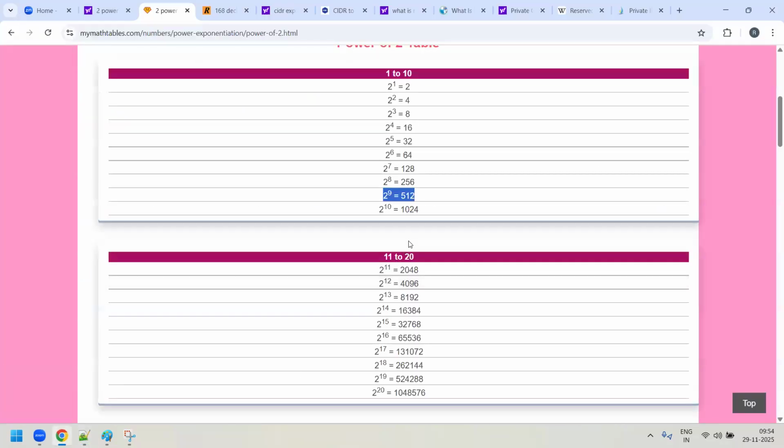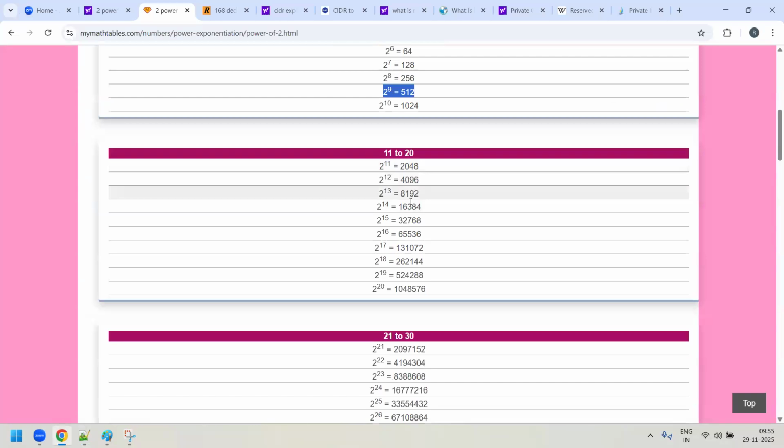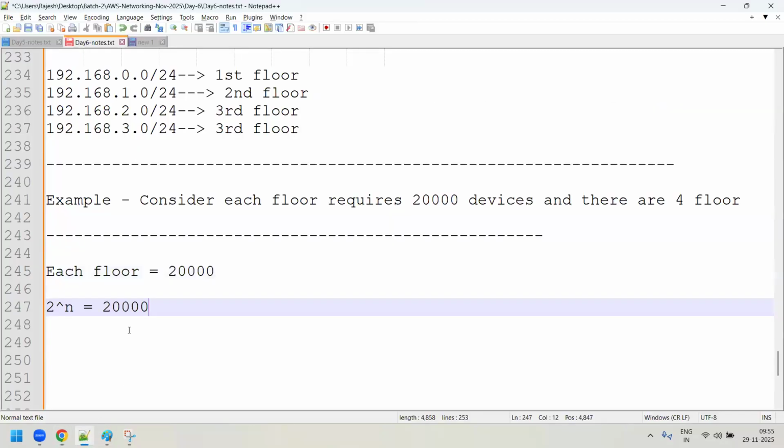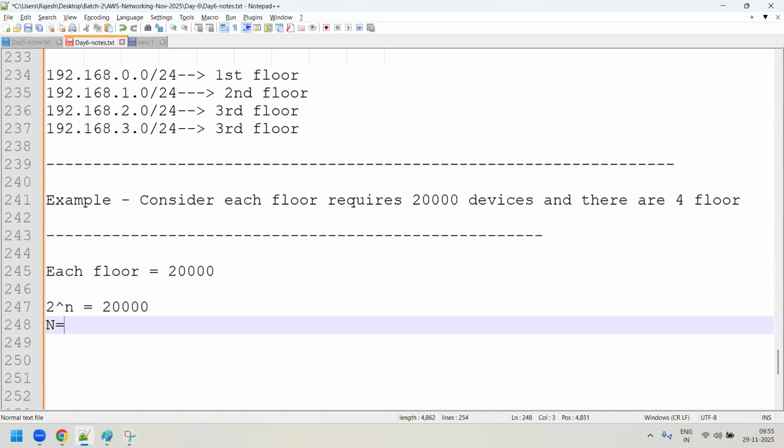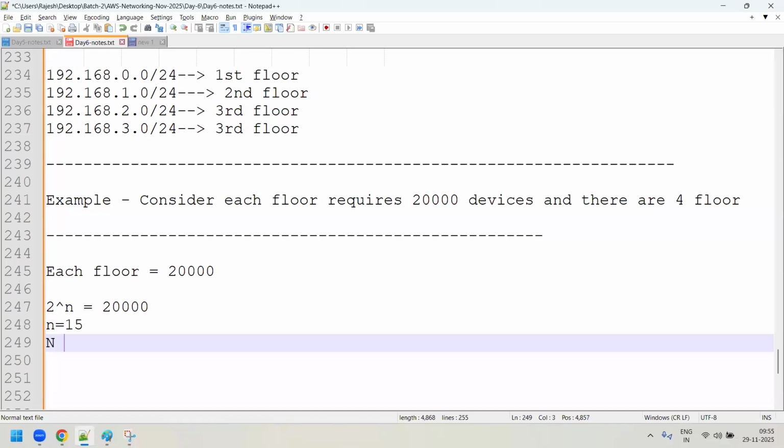If you go to the power table, 16,000 you cannot accommodate, so 2 to the power of 15 is nothing but 32,000. So small n is 15. Capital N is 32 minus 15, how much will you get? You will get 17.